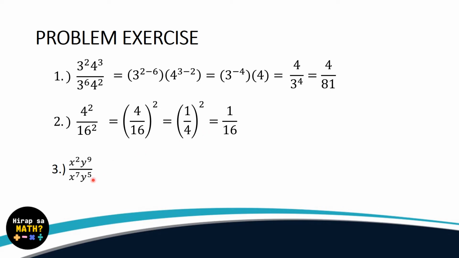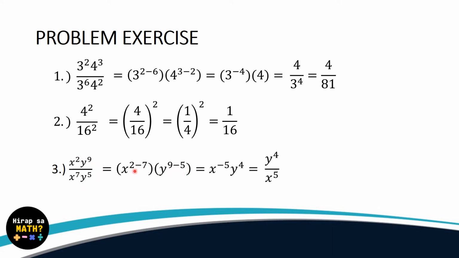Next problem naman natin is y squared times y to the 9 divided by x to the 7, y to the 5th. So, etong problem number 3 ay pareho lang naman ng problem number 1. Okay, so ihiwalay natin tong x and then ihiwalay natin tong y. So, x, 2 minus 7 times y, 9 minus 5.